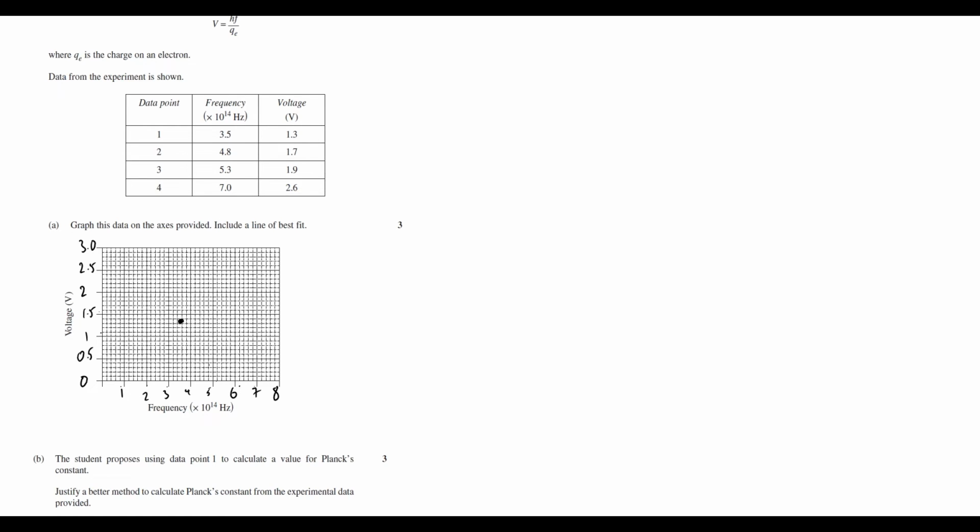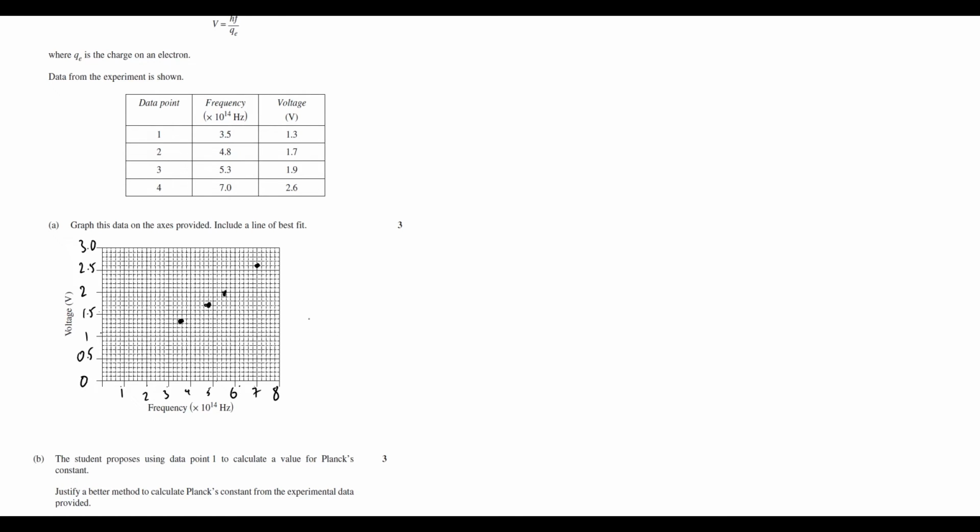So 4.8 would be about there, and 1.7 should be around there. Then 5.3 and 1.9 is going to be approximately there, maybe a little bit lower. And the last one, frequency 7 and voltage 2.6, is going to be smack on that corner there.